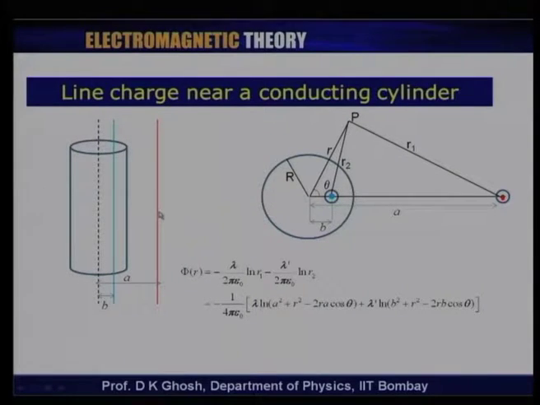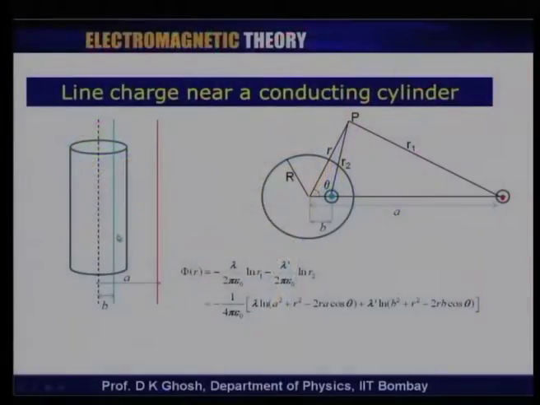And by symmetry, we know that the image charge has to be also a line charge, and let us take it at a distance b from the axis. So, therefore, I have a line charge of density lambda and its image charge having a density, let us say, lambda prime. Now, this is a cross sectional view of what is happening.